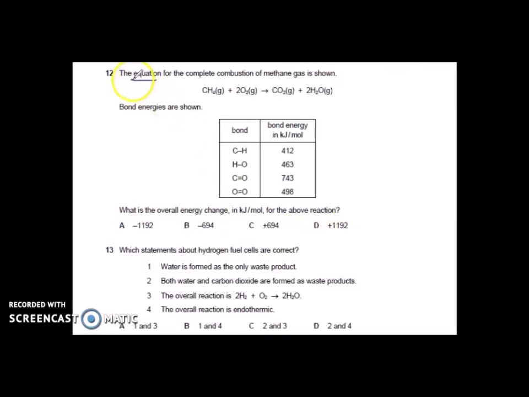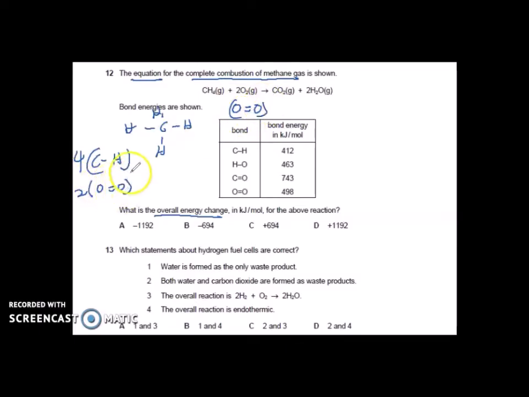Okay, number 12, the equation for the complete combustion of methane gas is this. Now the overall energy change. The structure of this is C with hydrogen, hydrogen, hydrogen, hydrogen. So for CH, you have 4 bonds. And then for oxygen, you have a double bond, and that is 2 bonds.